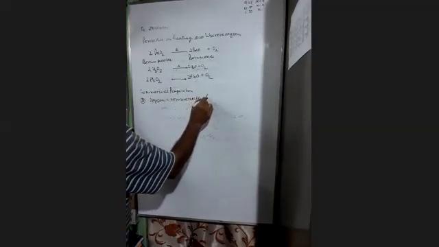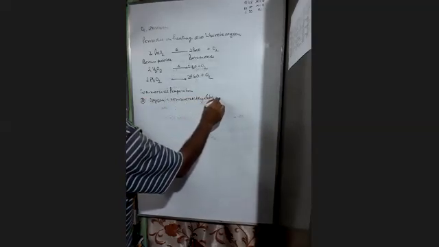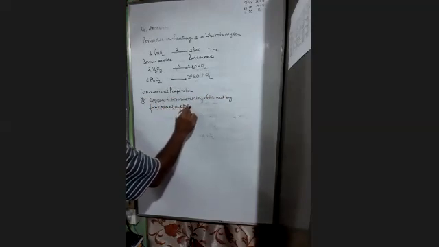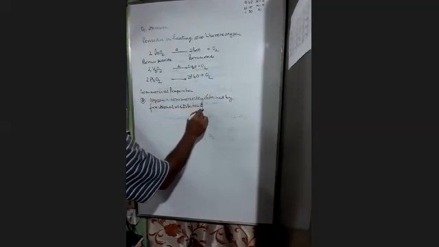So here A, oxygen is commercially obtained by fractional distillation of liquid air.